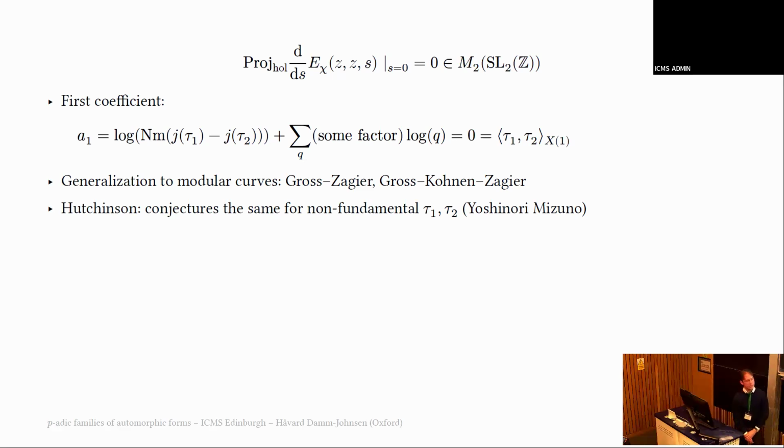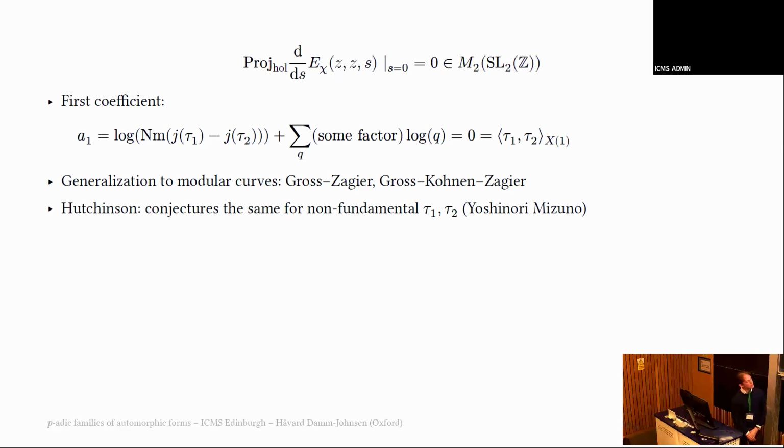So I just want to point out another thing which is relevant for my work, which is that Hutchinson made a bunch of conjectures for so-called non-fundamental CM points, tau1 and tau2. Gross and Zagier's result only holds when tau1 and tau2 generate the ring of integers in the relevant imaginary quadratic field.